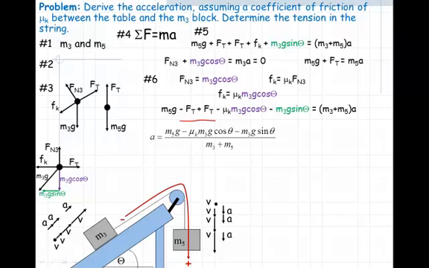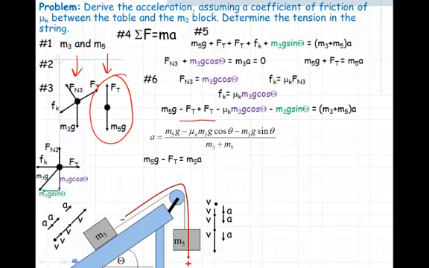So let's choose one of our two force diagrams. Of those two force diagrams, it looks as though this is the simpler of the two. So let's use that force diagram to calculate our force of tension.